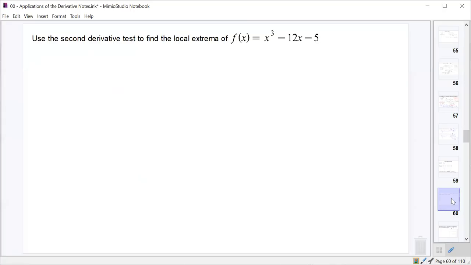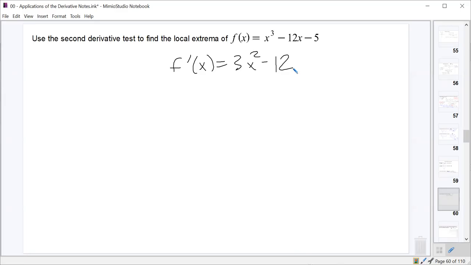So we're just going to do one of these, and it's actually a function we looked at earlier that we already found the extrema of. We're going to just now use the second derivative test to see another method. So first off, f prime of x is 3x squared minus 12.